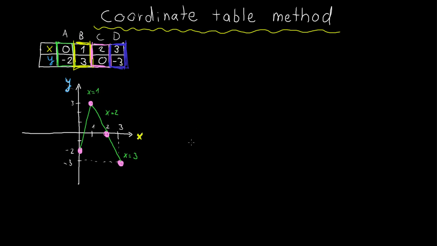Now, obviously, we can also do this with negative numbers. So let's do one more example. We have x, we have y, and honestly, it is up to you if you want to go this way, but I would prefer that we go as the x-axis travels.